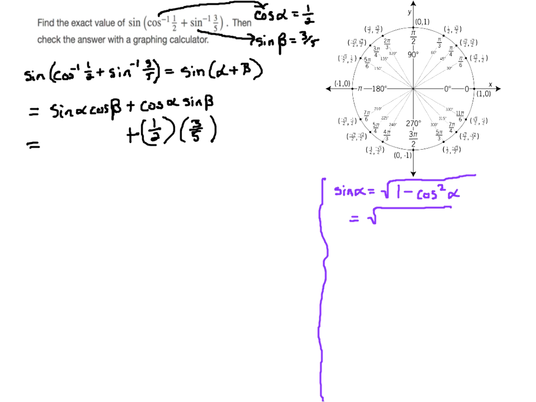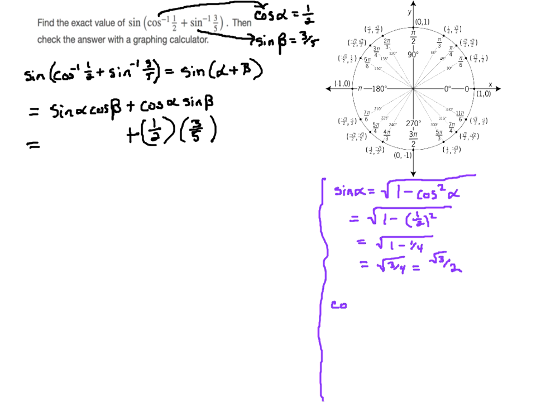So sine of alpha is equal to the square root of 1 minus 1/2 squared, which is the square root of 1 minus 1/4, which is the square root of 3/4, which is the square root of 3 over 2.